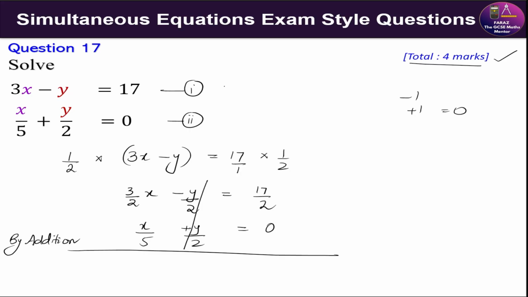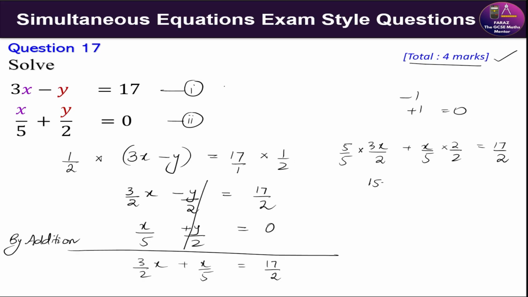And then you have to do 3 over 2x plus x over 5 and 17 over 2 plus 0. So to solve this 3 over 2x plus x over 5, we have to make the denominator same. So you need to multiply 3x over 2 by 5 over 5 and x over 5 by 2 over 2, equals 17 over 2 will remain as it is.